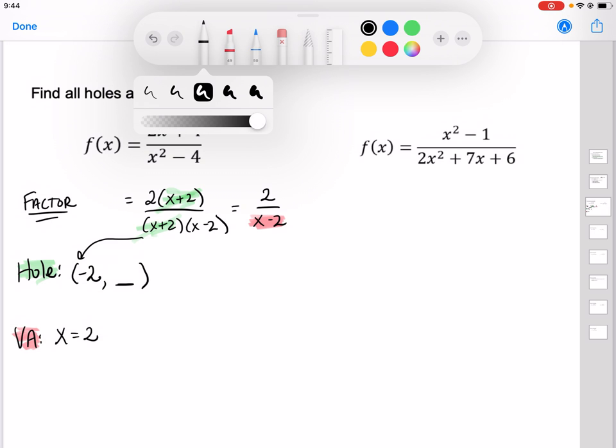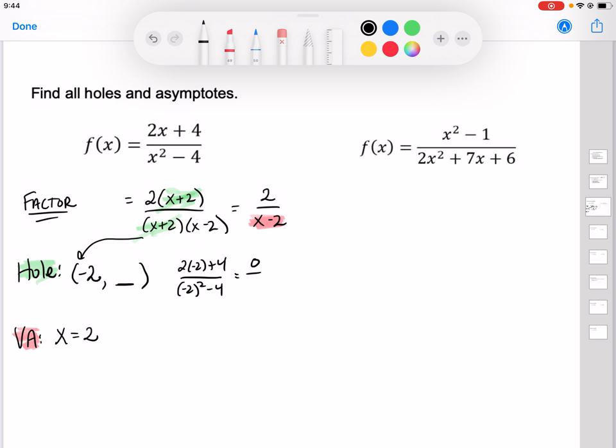Now, to find the y value of the hole, a lot of people try to do the same thing every time. They'll plug it into the original, because that's usually how you find a y value. And then they'll get confused and say, oh, 0 over 0, so our answer is 0. No. That's not how you do it. Please don't ever do that. Anytime you plug something in and you get 0 over 0, that tells you that you did find the right x value of the hole.